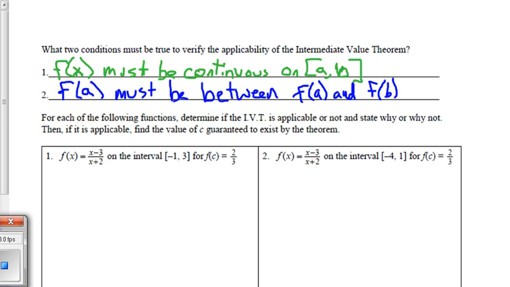The first interval is from -1 to 3, and that does not include -2, so it's going to be continuous. I'm going to write this down in a second. The second one is on the interval from -4 to 1, which contains that undefined value when x equals -2. There's a vertical asymptote there.